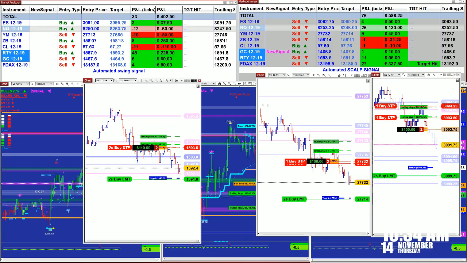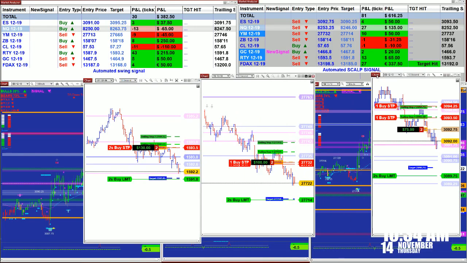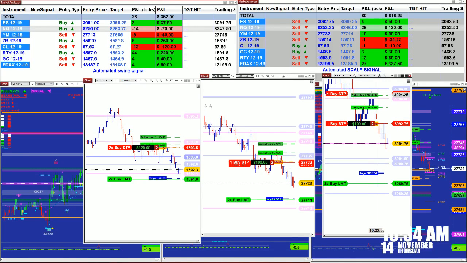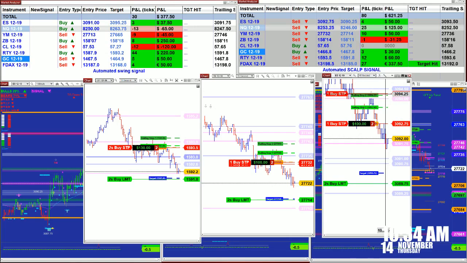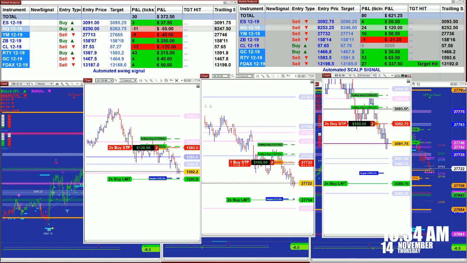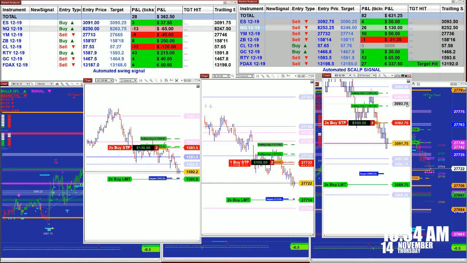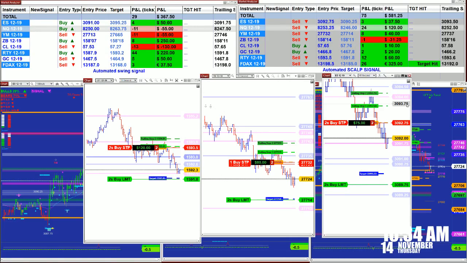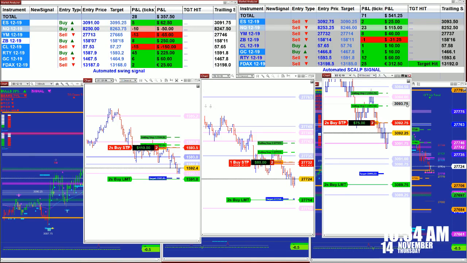Another 120, another 100 or 150, another 150, and we're done. There we go. I don't trust the ES. I like to move it immediately. So you're done, Lorenzo, on this one little spike in the market, and get it over with.